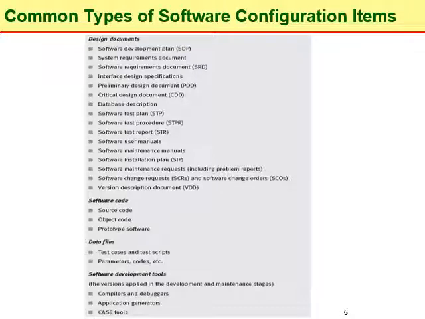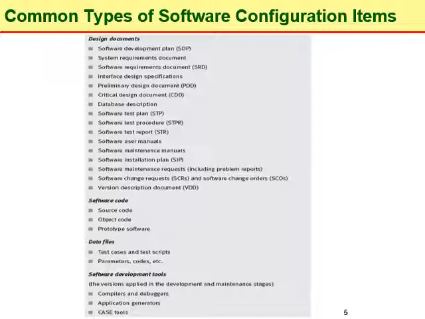Here we see some common software configuration items for each of the four categories that I mentioned in the previous slide. We can see that there are several types of configuration items that belong to each of the four mentioned categories. For example, the software configuration items related to design are software design plan, software requirements document, system test plan, and several other configuration items are here, as you can see.